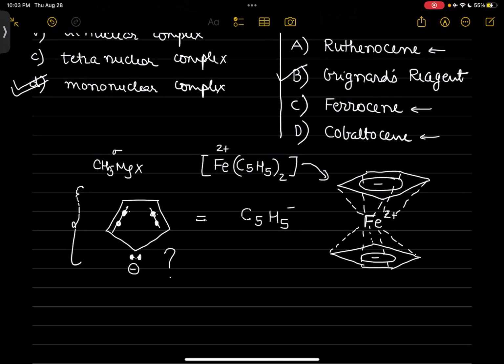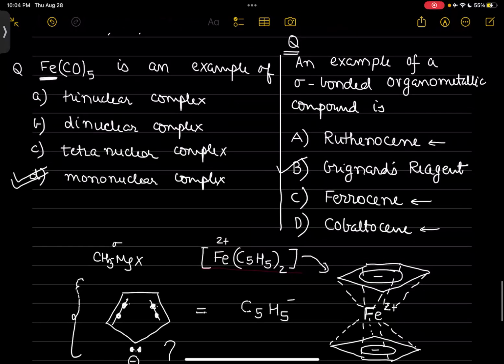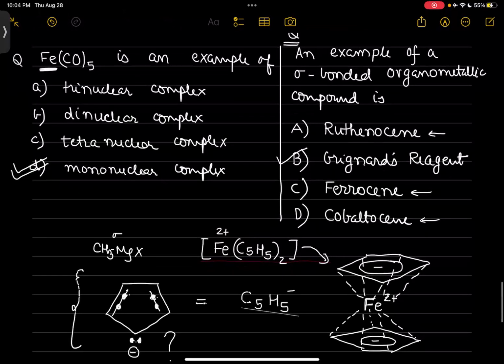Very, very important. So A, C, and D are pi bonded organometallic compounds. Pi bonded, Jovita. I hope it is clear. Okay, great. So do remember it because it can be asked in your organic also, GOC, and it is very well common in the coordination compounds also. Got it? So let's move to the next question.